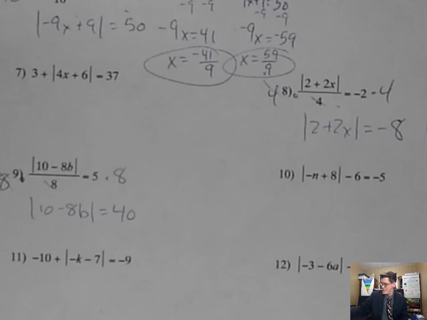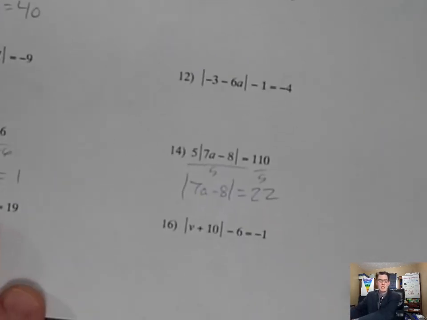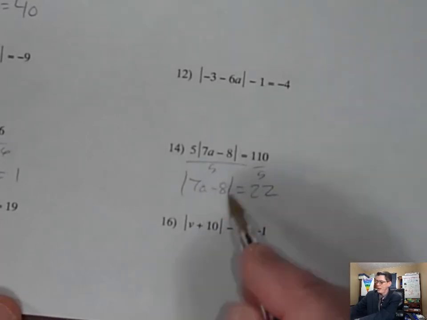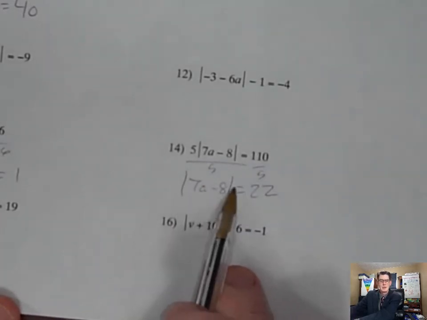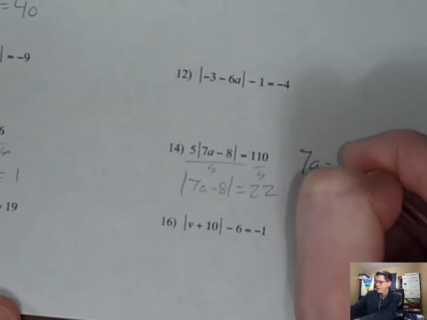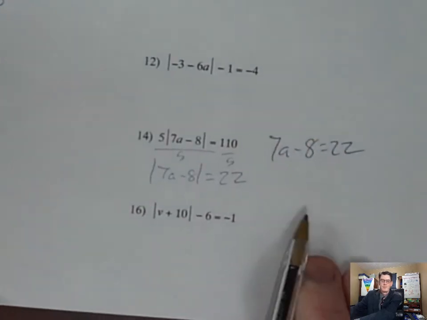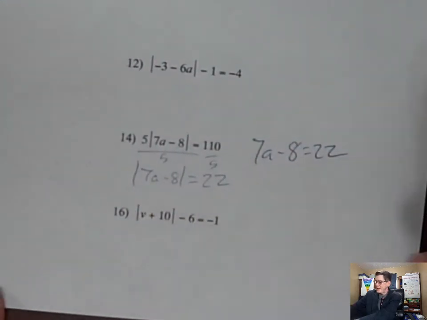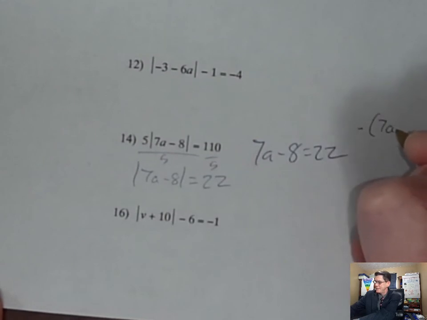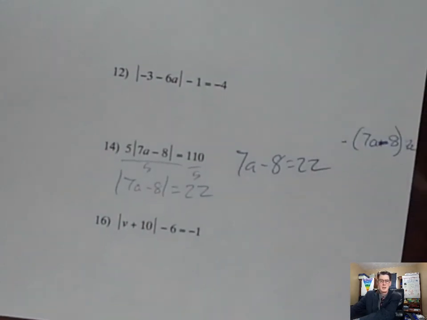Let's see. We've got that one, we've got this one. If I were to finish off 14 for you, either this number is all 22, 7a minus 8 is 22, or the negative of that. The negative of that is 22.